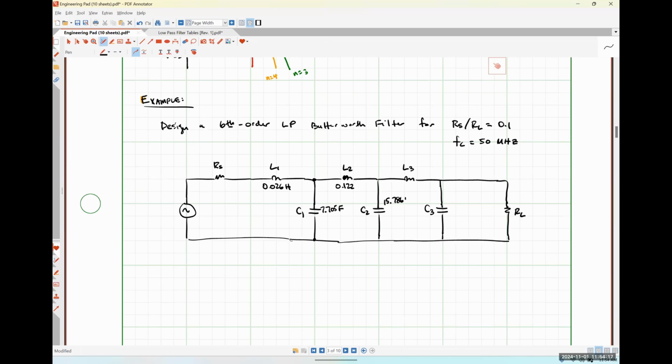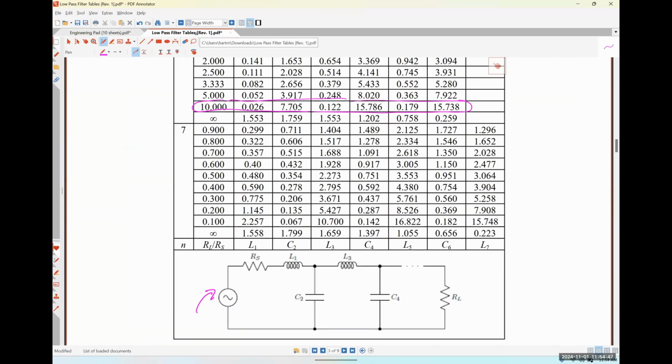15.786, 0.179, and 15.738 farads. Yes. The first value is C4, but it's your elbow value, because we're reading it going from bottom to top. So because RL is greater, our RL to RS ratio is 10.